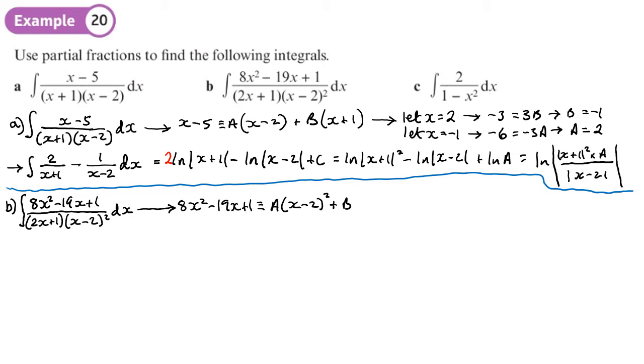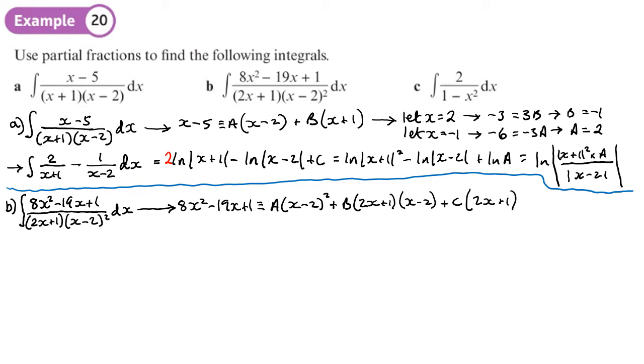B will be over x minus 2, not x minus 2 squared, just x minus 2. So we need to multiply that by 2x plus 1 and x minus 2, but not x minus 2 squared. And then plus C, C is going to be over x minus 2 all squared. So that will need to be multiplied by 2x plus 1.